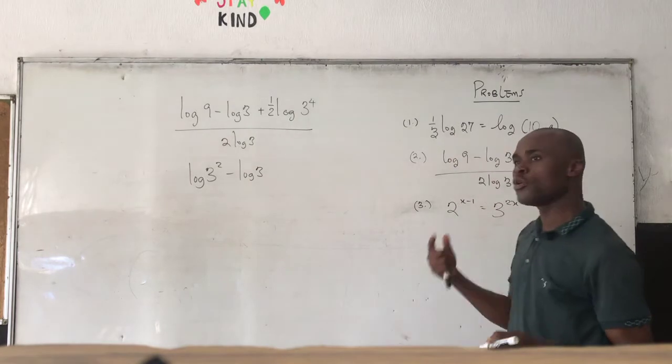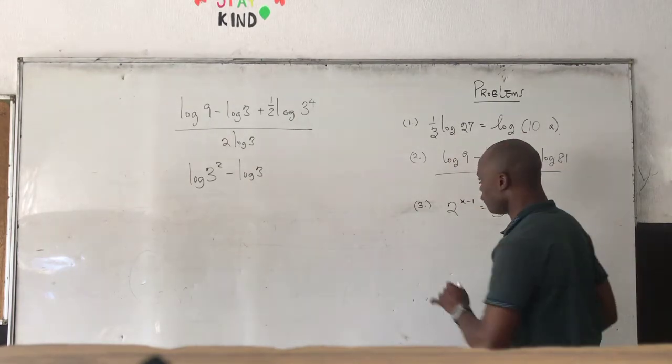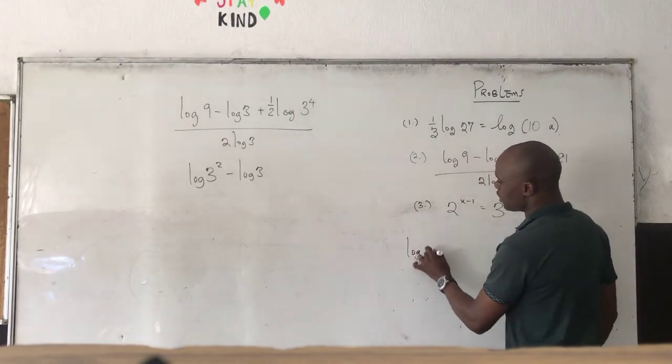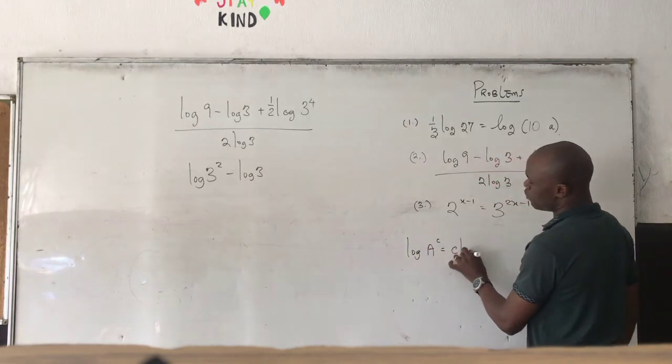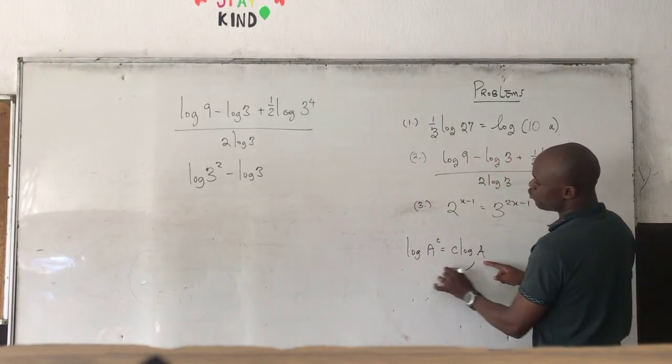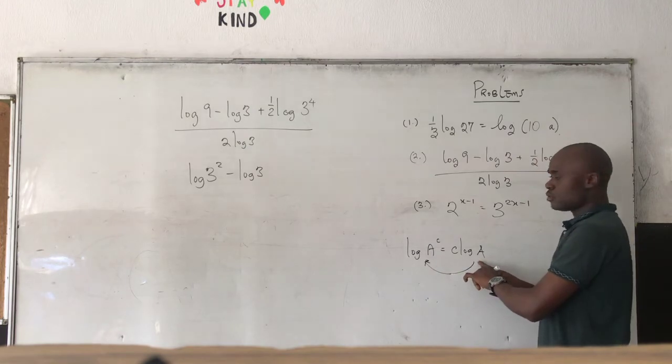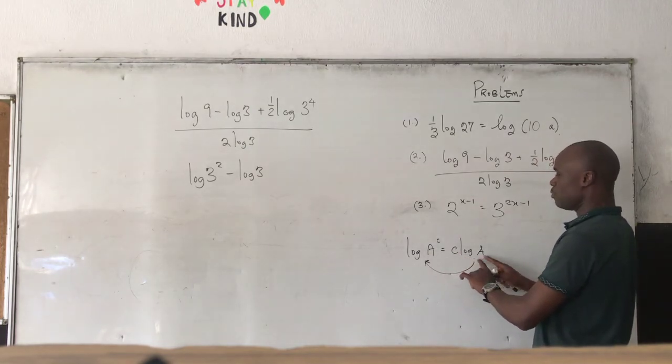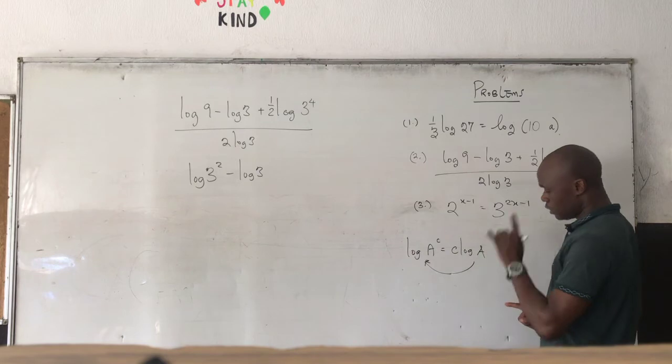And I'm going to use the reverse of this rule. Remember in the last video we said log a raised to the power of c is equal to log this. But I'm going to go this other way. So we agree that this is equal to this, but I'm going the opposite way.